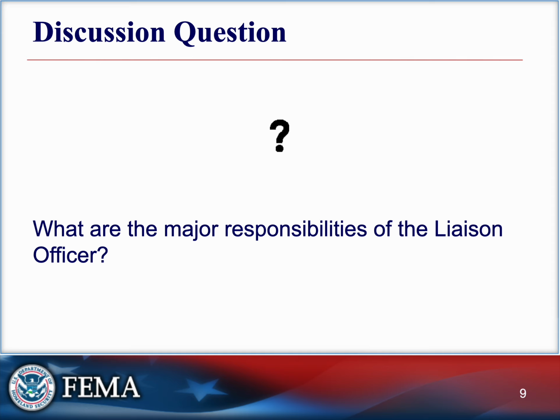Another question, liaison officer. The liaison officer connects with the IC and outside partners. Public health, utility companies, law enforcement from another county, all of these things go through the liaison officer.